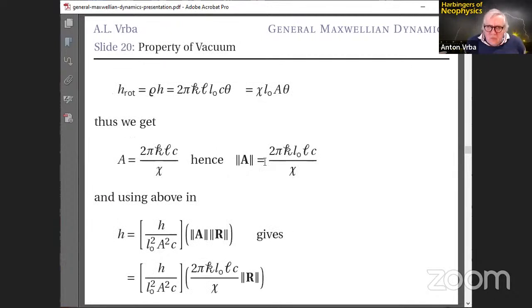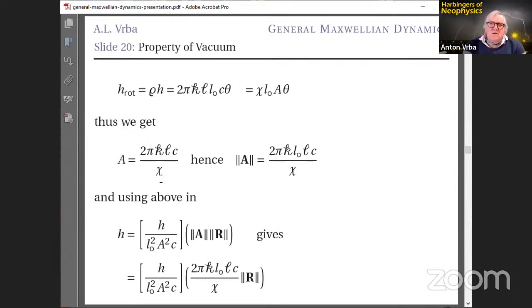Therefore, I can say that the rotary action 2 pi K times the load times L0 C theta equals L0 A theta. And thus we get that A is 2 pi K load times C over chi.